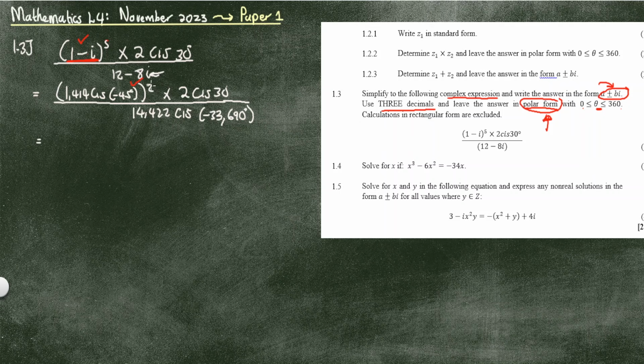Alright, so here we are applying De Moivre's theorem now. I'm erasing this. It shouldn't be 2, it's 5.